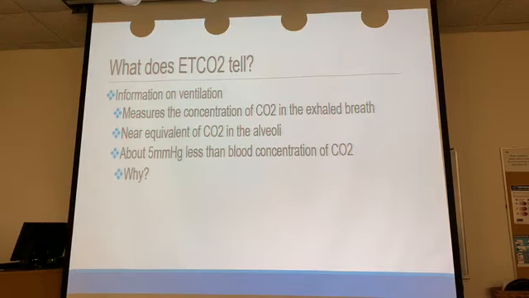And in order to get that carbon dioxide from the blood into your alveoli, you have to have a concentration gradient where it can go from high to low, diffuse into your alveoli, and then exhale out. So that's why there's a slight difference, but 5 millimeters of mercury between your blood and what you're getting in your CO2 detector, that's pretty good. That's not a significant difference.